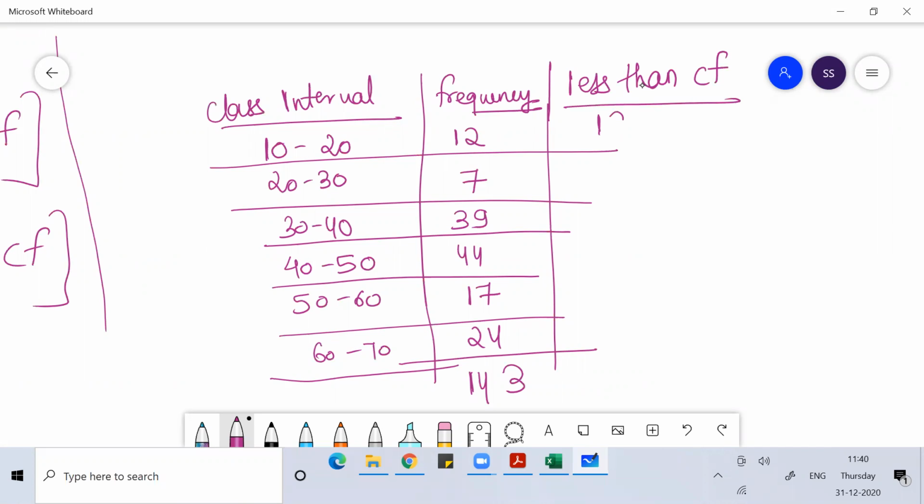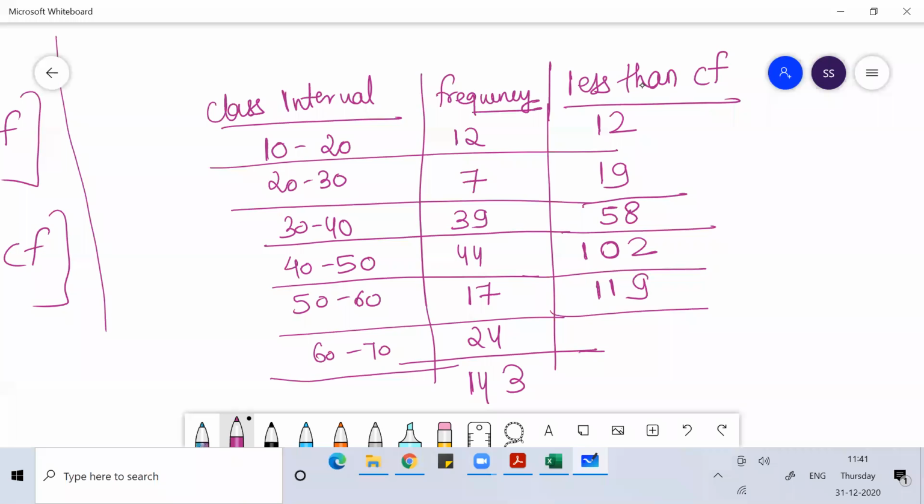That would be 12. 12 plus 7, 19. 19 plus 39, that is 58. Then 58 plus 44, that is 102. Then 102 plus 7 is 119. 119 plus 24, 143. Clear everyone? Anyone have any doubt?